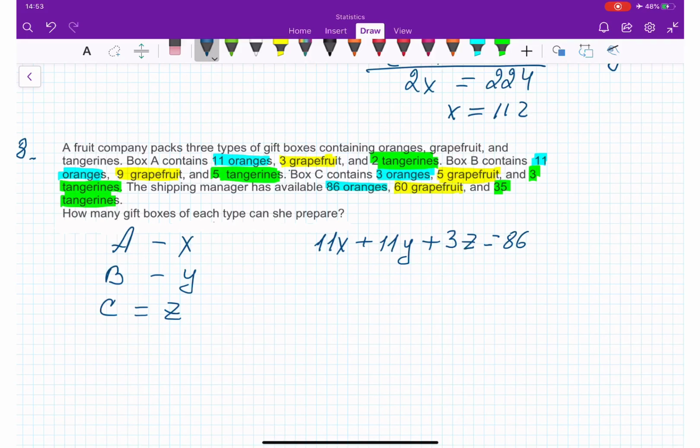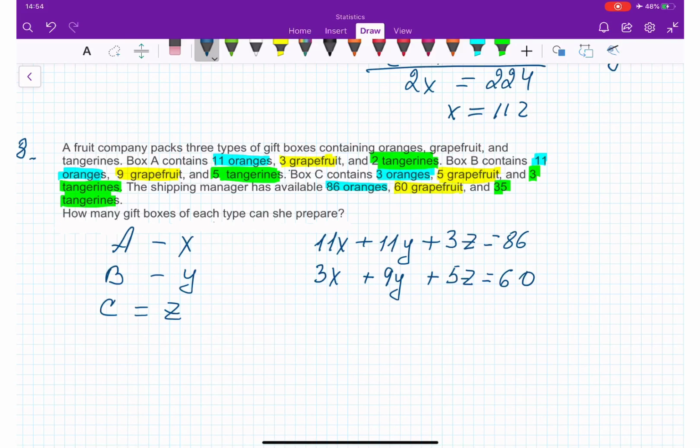Moving to grapefruit. 3 grapefruits for box A, and then 9 grapefruits for box B, and 5 grapefruits for box C, and that all is equal to 60.